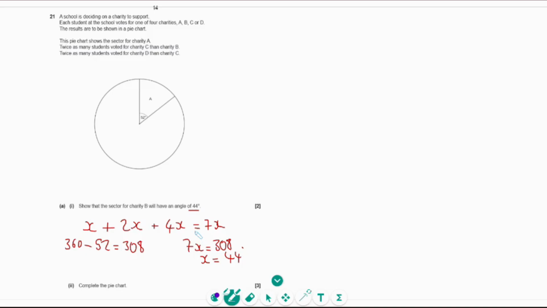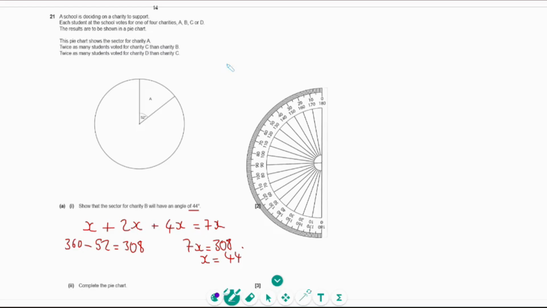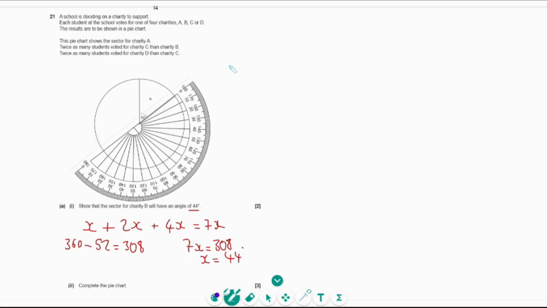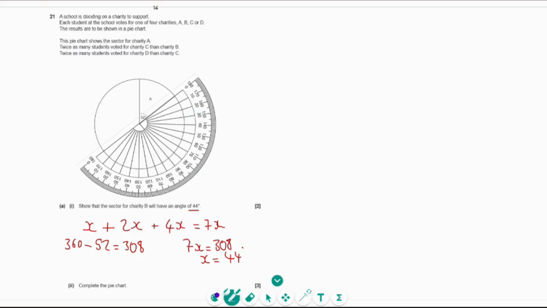Complete the pie chart. Okay, so I need to do my charity B 44 degrees first. So let's line up my protractor. 44 degrees is here.